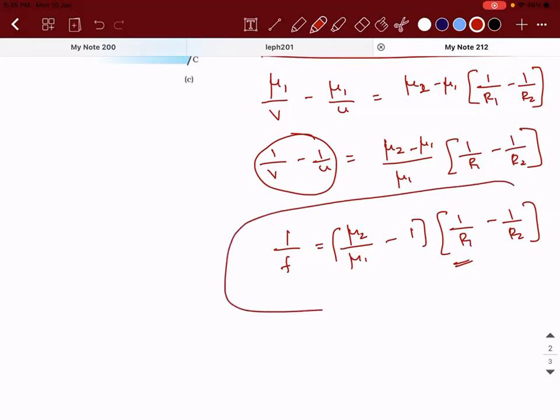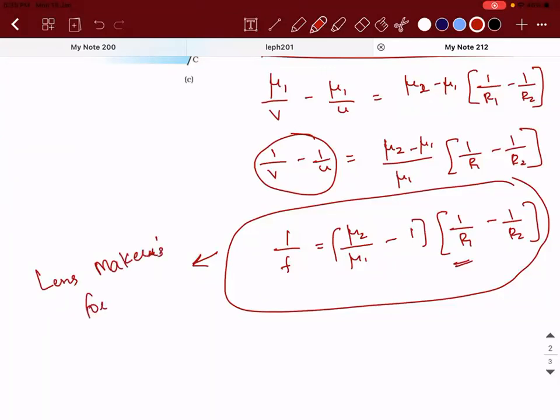And this whole formula is what I call lens maker's formula, because this is the formula that is used depending on the power of each lens. So what is 1 by f? 1 by f is power. You would have learned in the lower grades. Yes. So 1 by f is equal to mu2 divided by mu1 minus 1 into 1 by r1 minus 1 by r2.